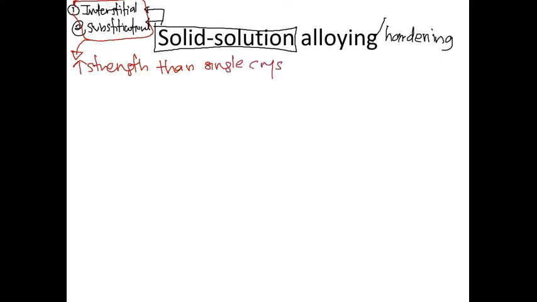Okay, so why did I say they behave like that? Again we look at the single crystal. This is a single crystal where you have atoms arranged in a very periodic way.